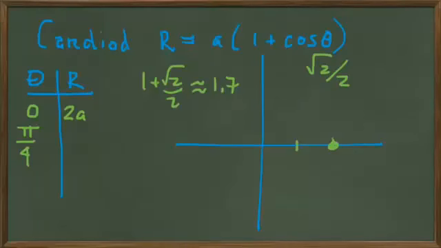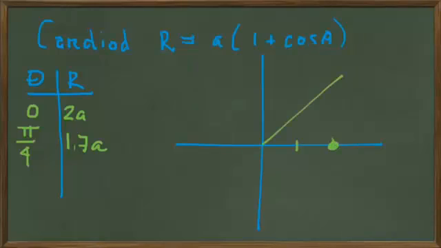So let's put in 1.7a, even though that's only approximate. We have the angle pi over 4 drawn. We go out a and 2a, but we're only at 1.7a, so we can start to trace our cardioid. We're going counterclockwise, so we get this.